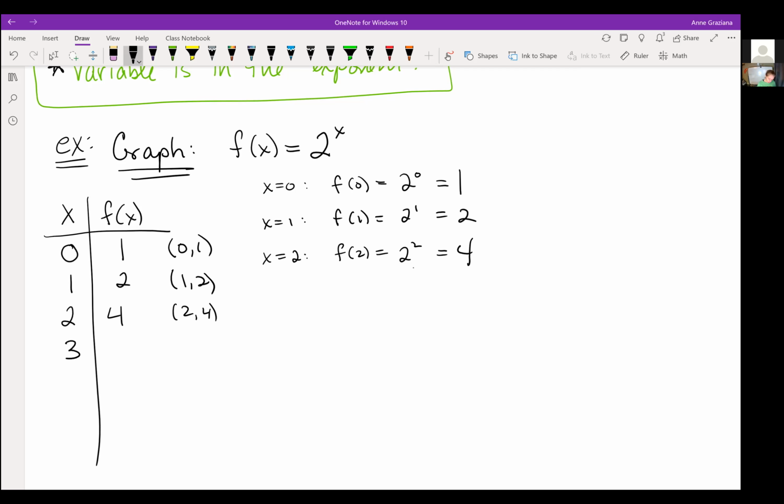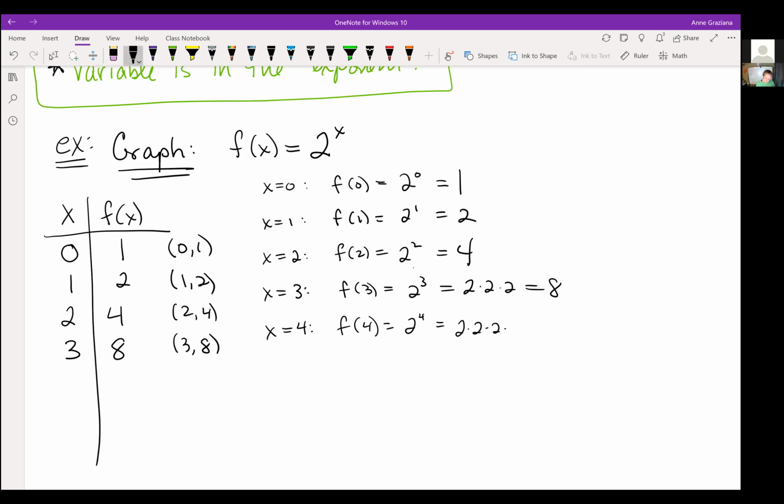Wow, these are easy. Okay, x equals 3. f of 3 is 2 to the third, which is 2 times 2 times 2, which is 8. (3, 8). Sweet. So let's say x is 4. We'll do this one more. f of 4 is 2 to the fourth, which is going to be 2 times 2 times 2 times 2, which is 16.